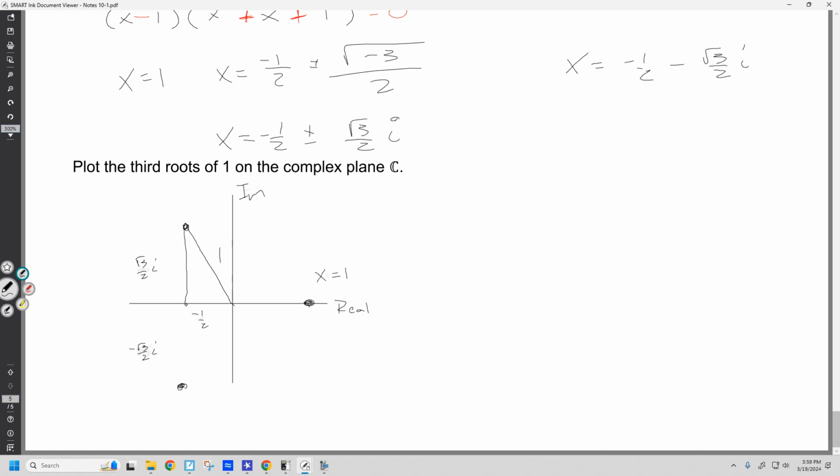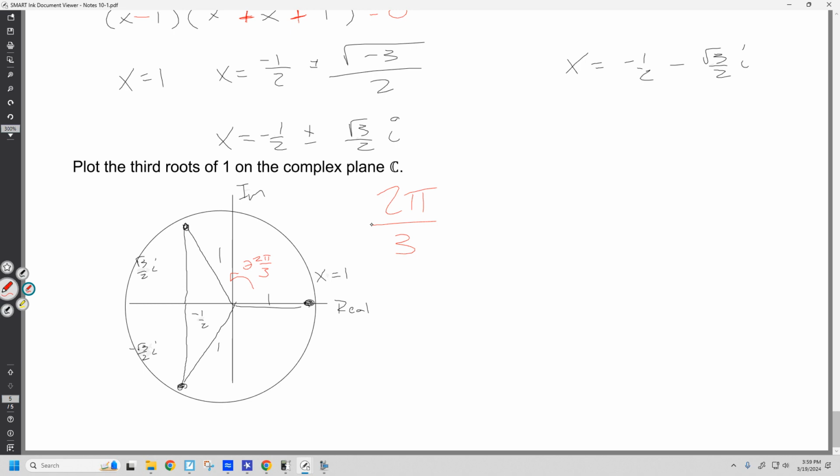Which means these 3 points are all also found on a unit circle in the complex plane. All 3 angles are 2 pi over 3 away from each other. It's almost like we took the entire circle and we split it into 3 parts.